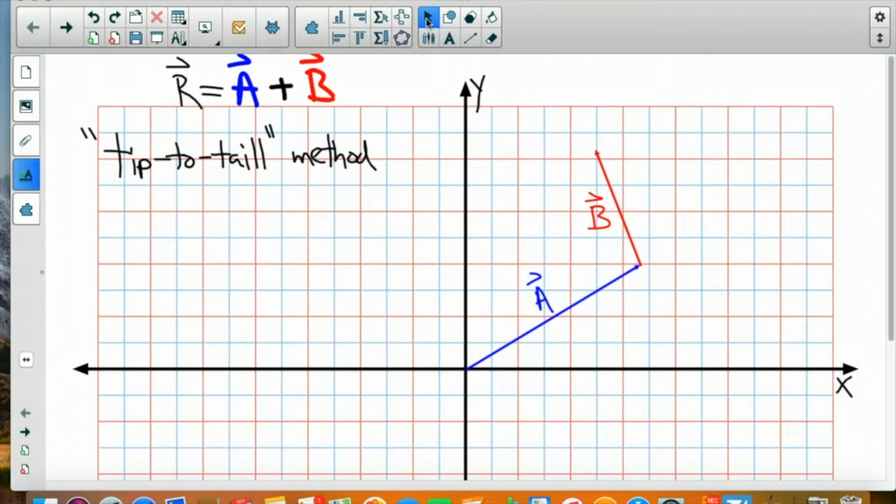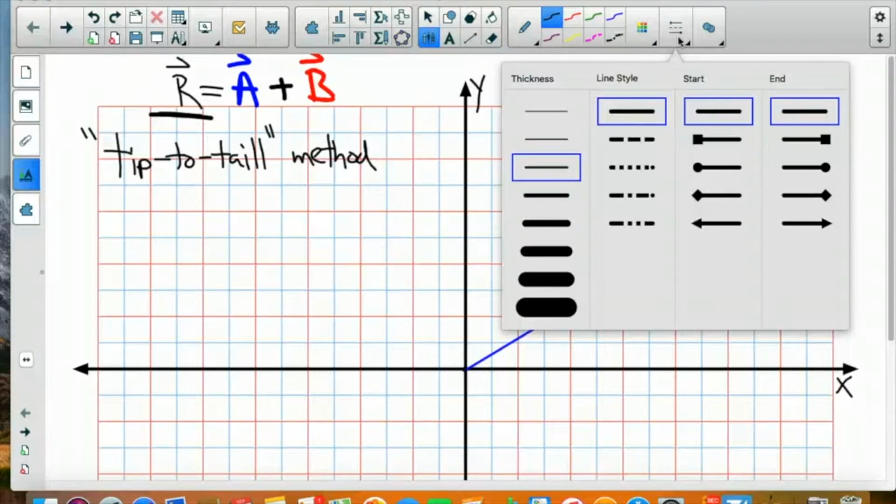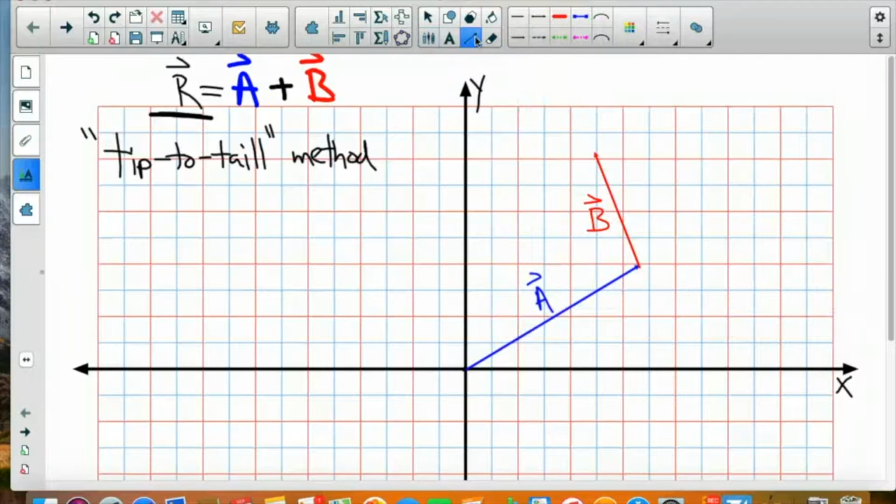So I can take B, and because I can move vectors anywhere I like as long as I don't change their magnitude or the direction, I can take the tail of B and put it at the tip of A. Okay, so then my resultant vector, R, this guy here, would be the vector that starts where A starts and goes to where B ends.